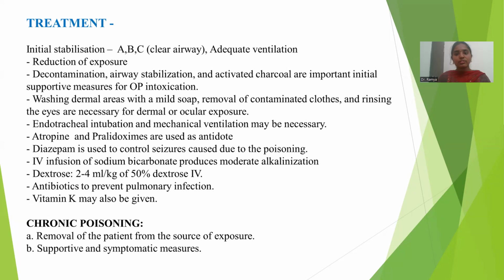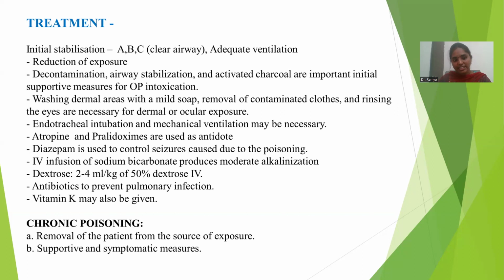For high exposure, you have to rinse the eyes with normal water or saline, as necessary for dermal and ocular exposures. Next, activated charcoal is an initial supportive measure for organophosphate intoxication. Endotracheal intubation and mechanical ventilation may be necessary in organophosphate poisoning patients. As we already studied, atropine and pralidoxime are used as antidotes for organophosphate poisoning.